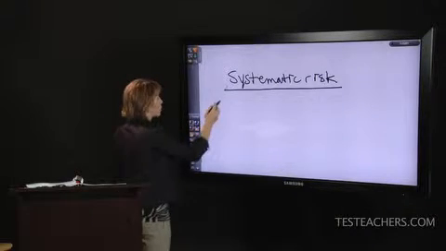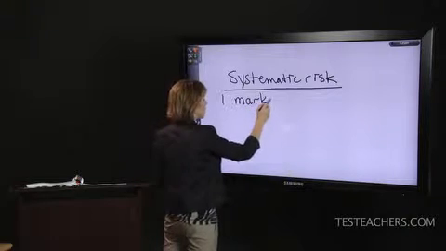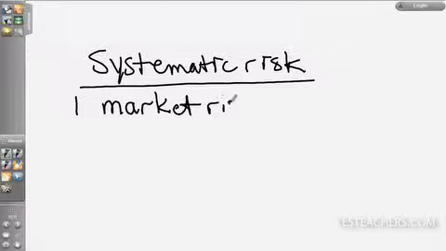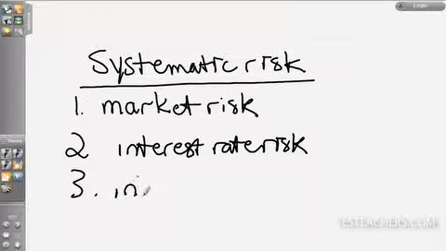So just having lots of different company stock does not help eliminate systematic risk. So there's three systematic risks. Market risk, interest rate risk, and last, inflationary risk.